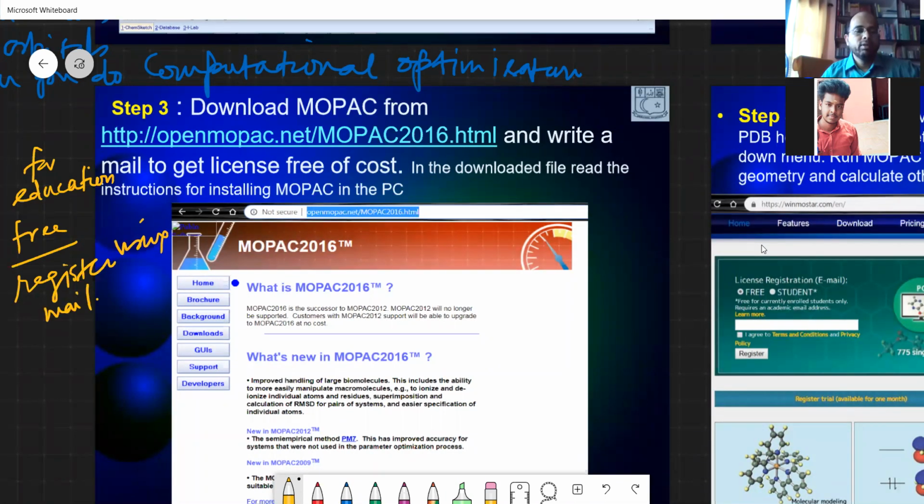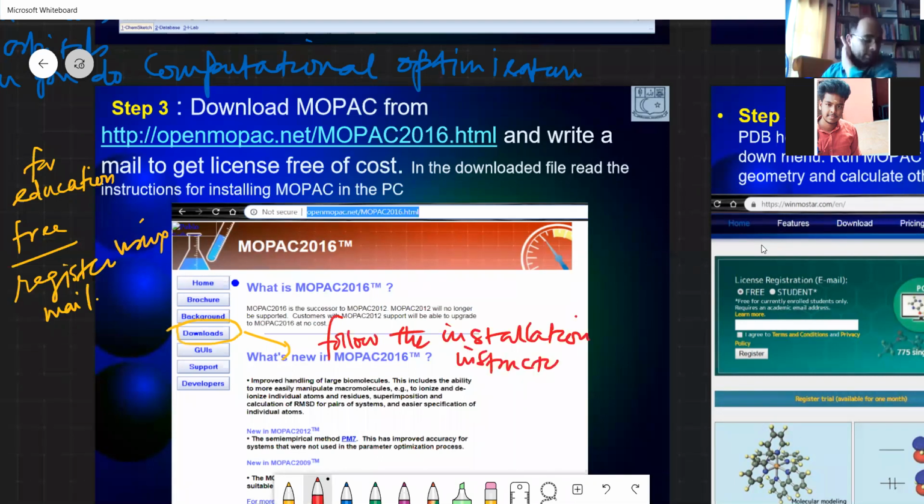Now you have a download section here. Download the Mopac and follow the installation instructions. If you need any help, you can always contact me. But the thing is, if you miss one single step there, it will be very difficult for you.